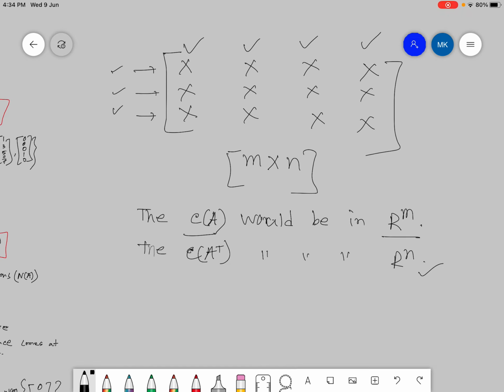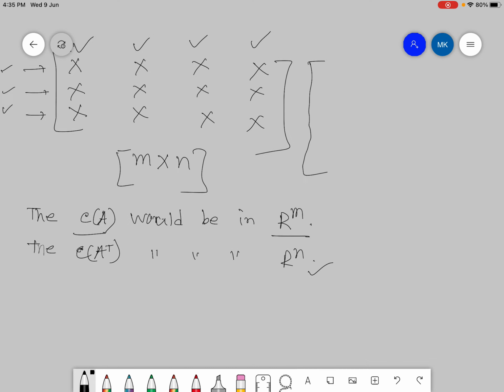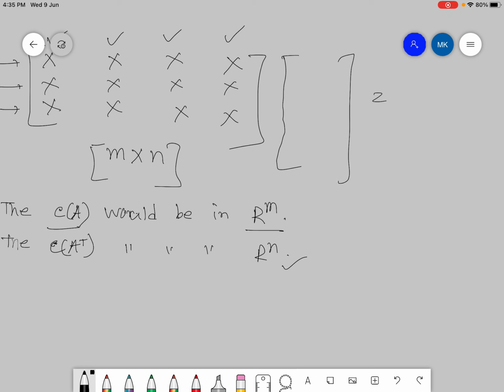And if you try to find the null space, that is, for which combination you will get 0 0 0 0, how many elements would you have here?